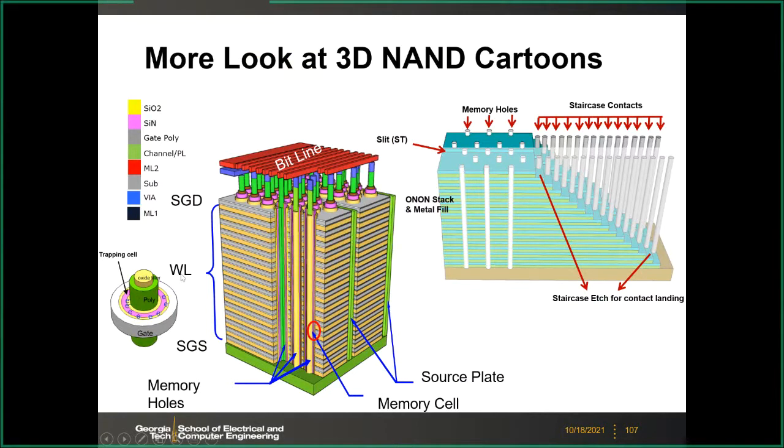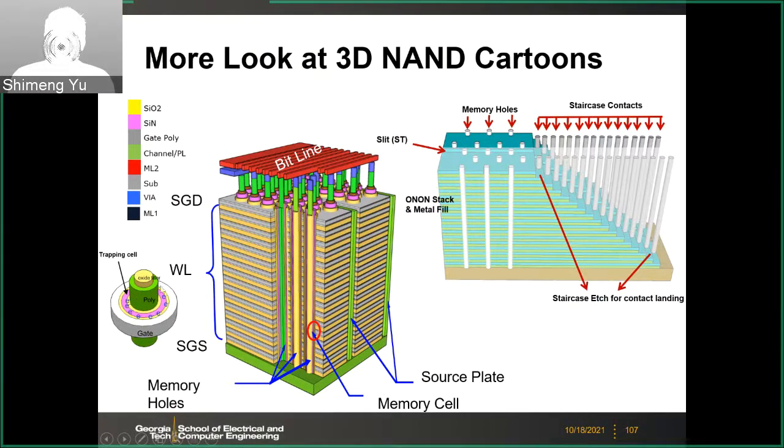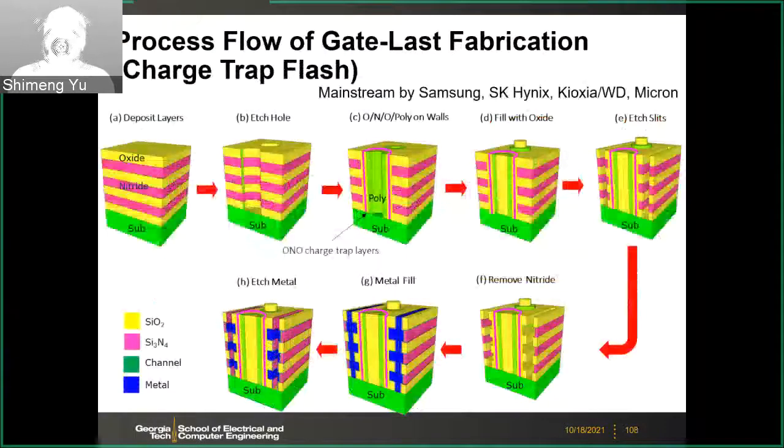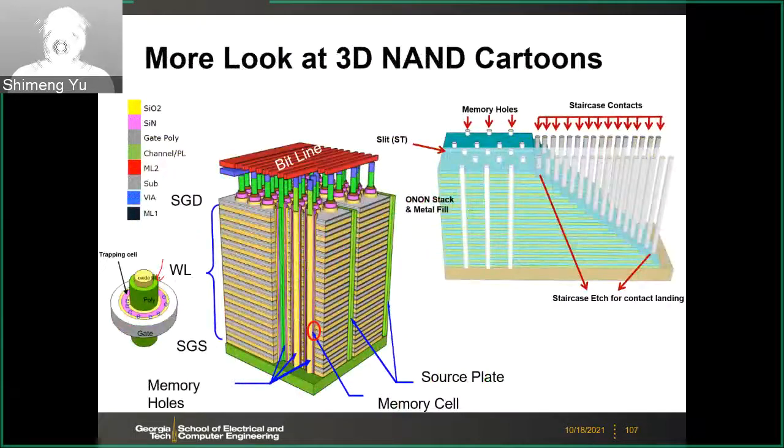If you look at the pillar here, this is a zoom in. The pillar today will have an oxide core in the middle. In this example, the green is the channel, so the channel is not the center. The channel is like a shell.